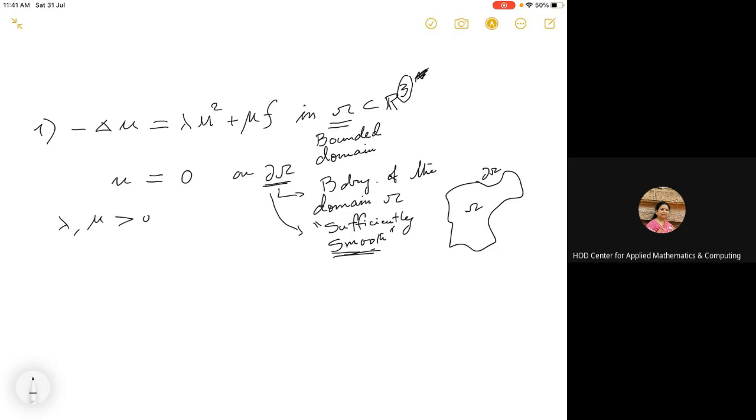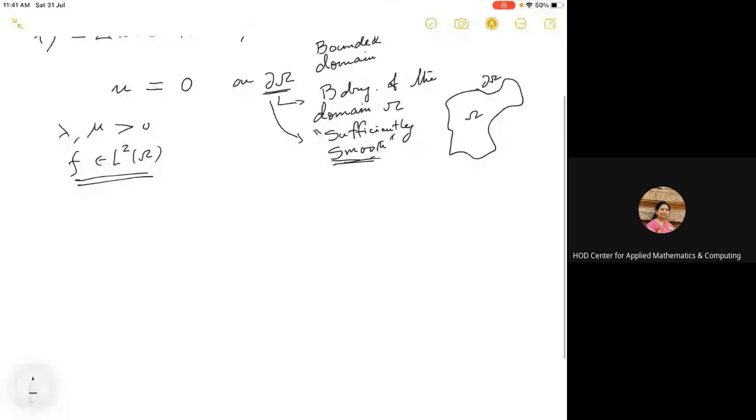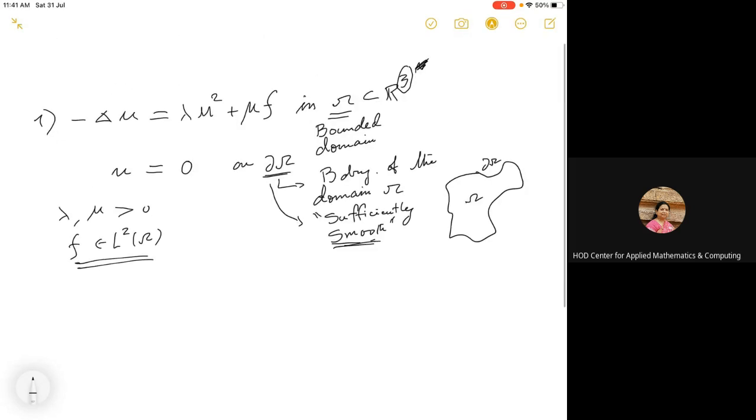Now, the parameters lambda and mu are positive real numbers. They are just positive real numbers, and f is an L2 function. All right, so this itself says that we are in for something really bizarre. Because the moment you have an L2 function on the right hand side, you lose the pointwise agreement of the LHS and the RHS.